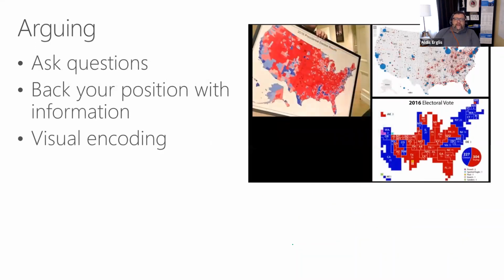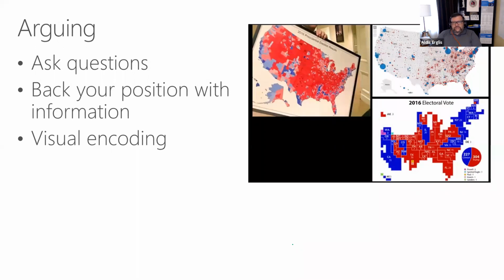And on the arguing side, there is one of the famous charts from Alberto Cairo's presentation, and you could see three versions of these charts. The first version is about the 2016 election, Trump and Hillary Clinton.